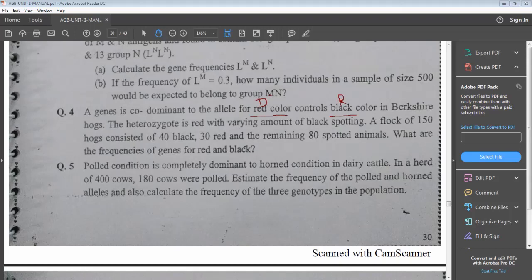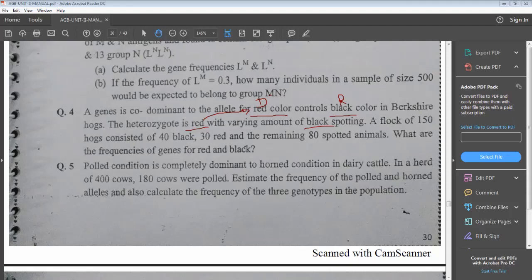The heterozygotes are also red with varying black spots. So the dominants are red, the recessives will be black, but the heterozygotes will be red with black spots. This is clear from these two lines.